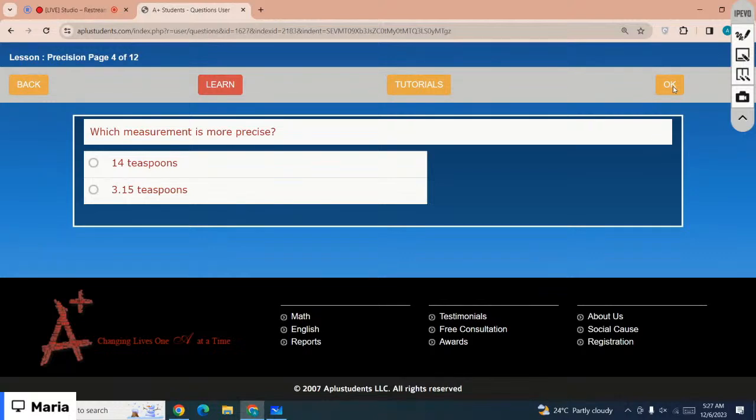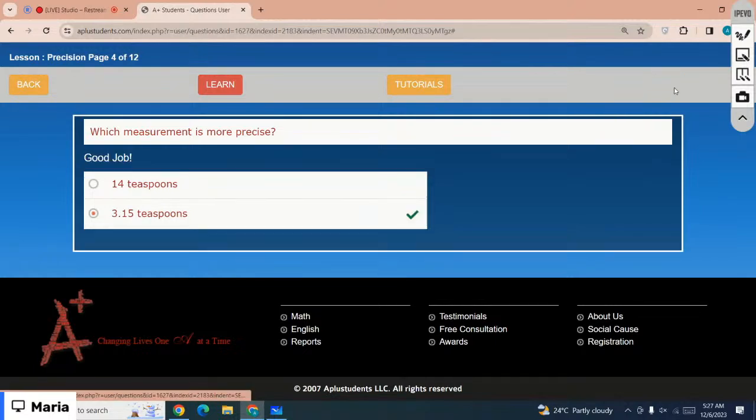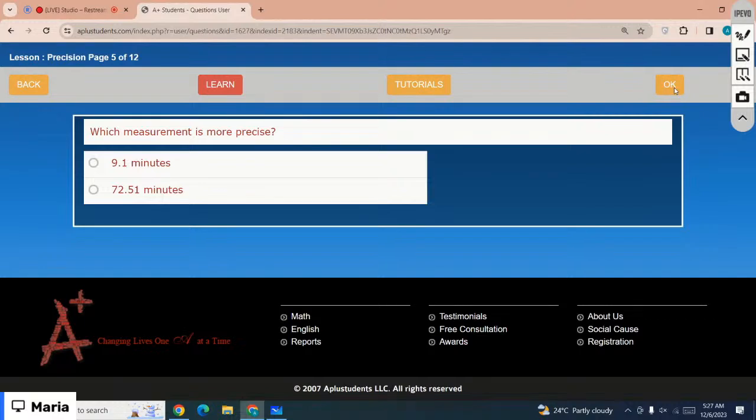The correct option is 3.15. Which measurement is more precise, 9.1 or 72.51 minutes?